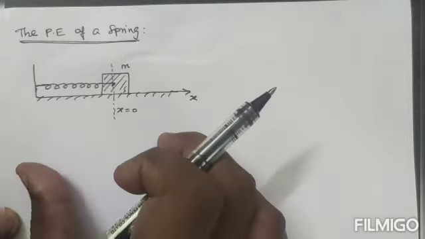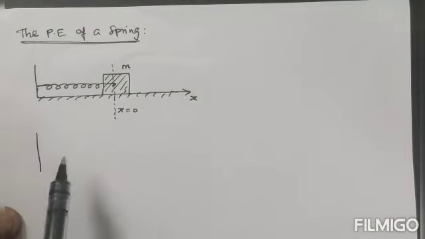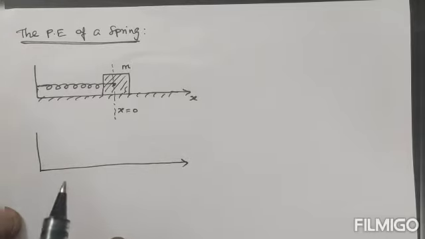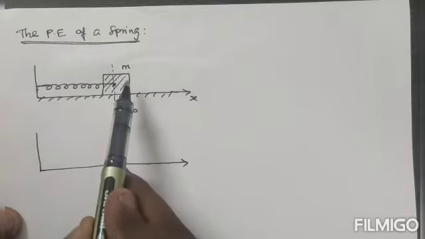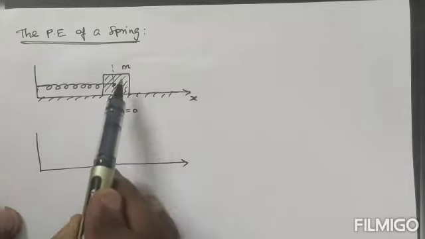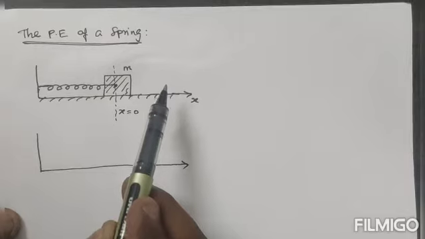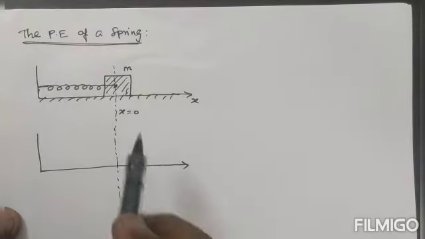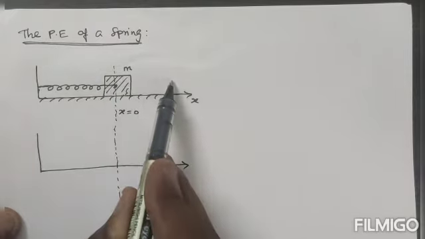Let us imagine, in the same system, we apply a force on the block of mass m. While we apply the force along the x-axis direction by an external force, from this initial position the block is moved from here to here, for example.